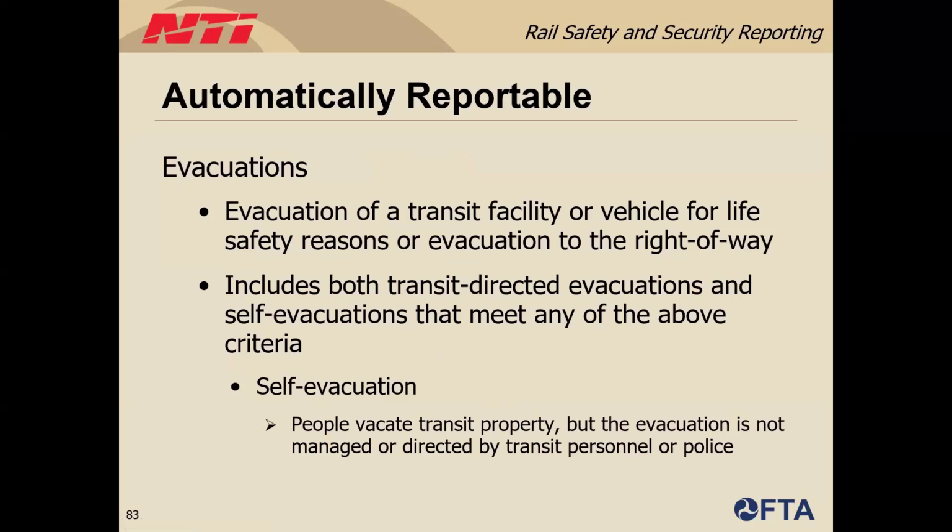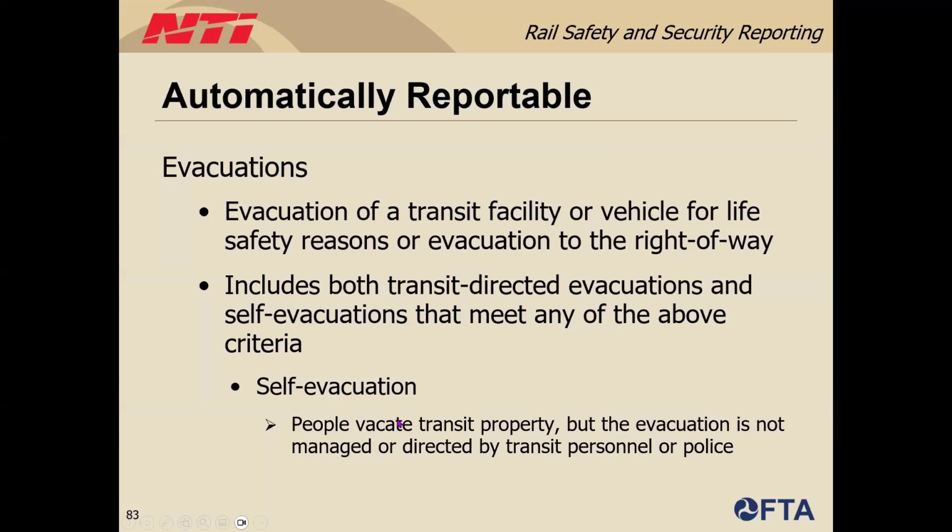Okay, so our next threshold is automatically reportable events: any evacuations for life safety situations or to the right of way. They're automatically reportable. An evacuation for life safety means that there's imminent danger to people in that environment, and evacuations to the right of way, of course, are self-explanatory. They're putting people onto the track area.